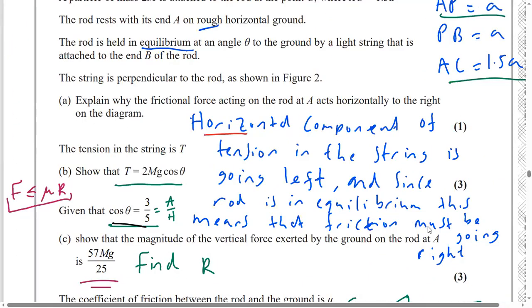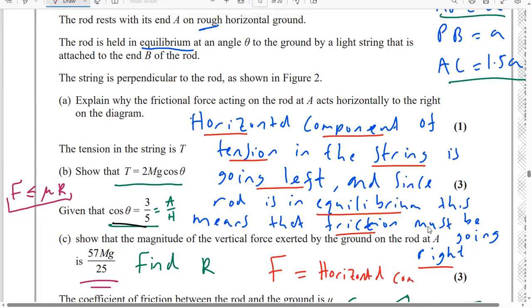So the horizontal component of tension in the string is going to the left. And since the rod is in equilibrium, this means friction is going to the right. So friction must be equal to this horizontal component of tension.